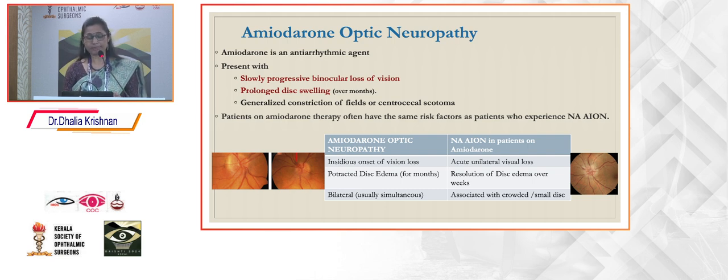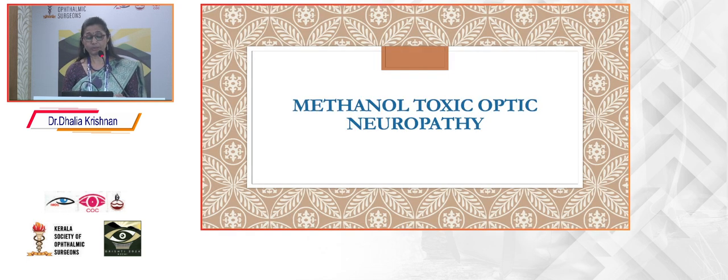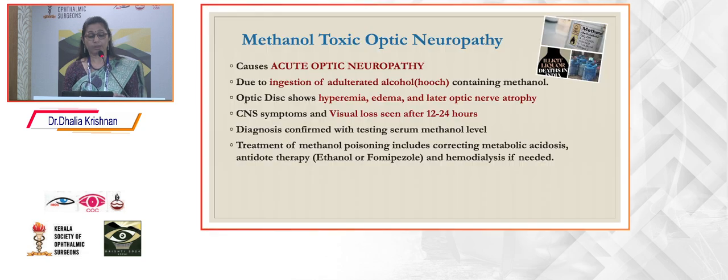The points in favor of amiodarone are an insidious onset, as non-arteritic AION is an acute unilateral visual loss as presented before. The resolution of disc edema in NAION is over weeks, whereas in amiodarone it is protracted; for months, it may stay. And NAION has the crowded disc in the other eye. Coming to methanol toxic optic neuropathy, which is one of the causes for acute optic neuropathy, not an insidious loss.